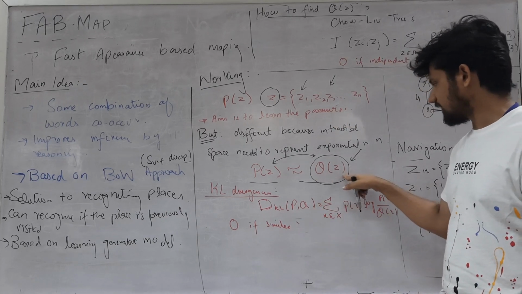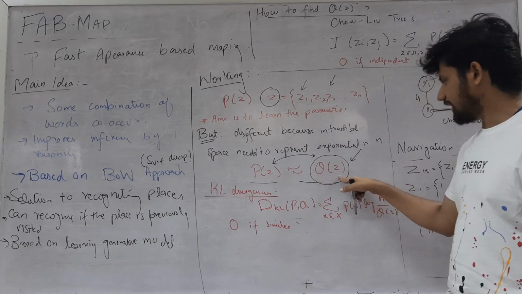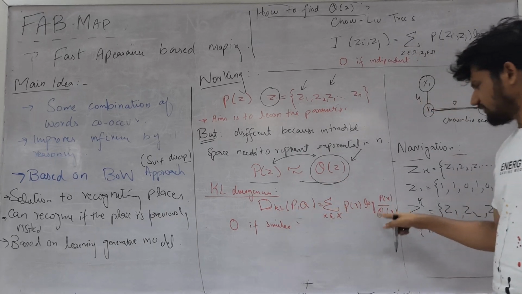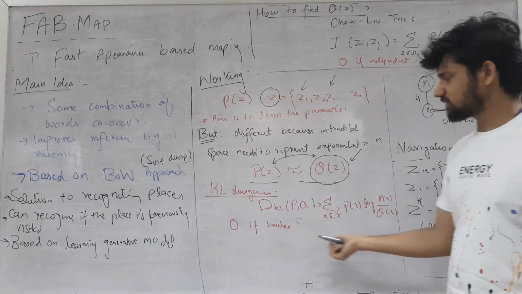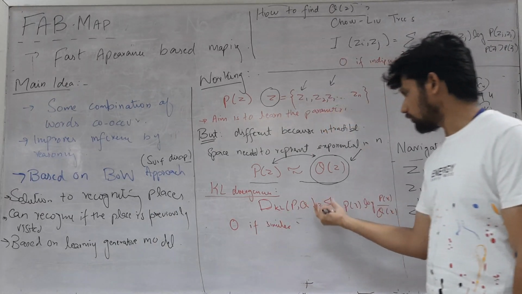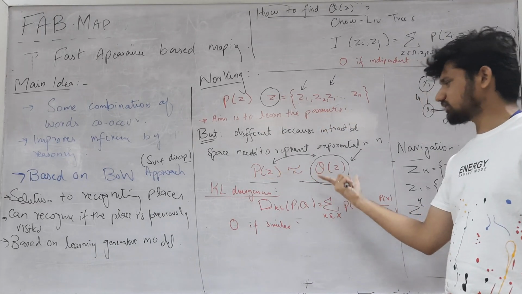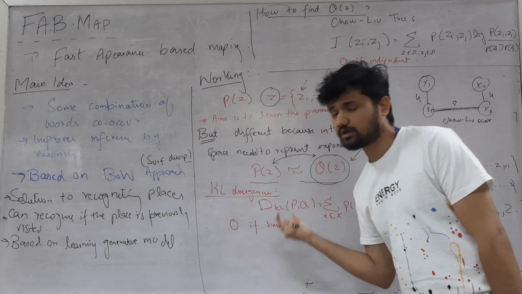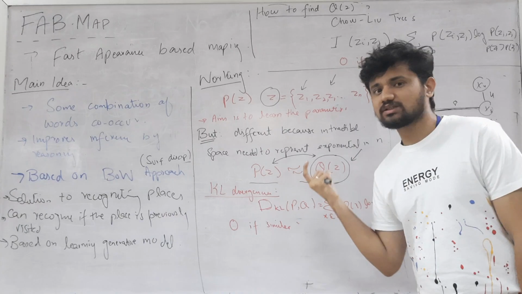So we will make another distribution and find its KL divergence. If the KL divergence is 0, it means both distributions are similar. Okay, this is the criterion to check whether two distributions are similar or not.